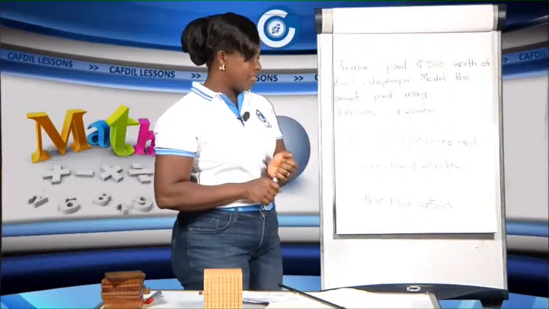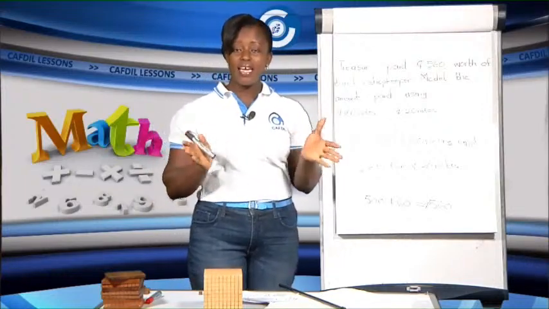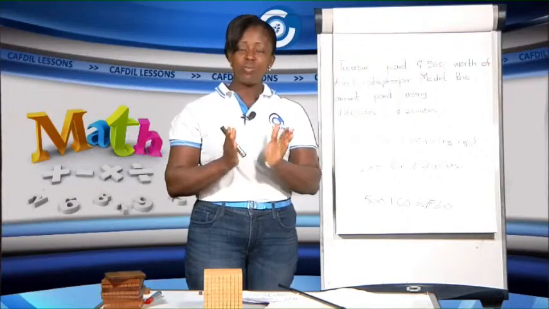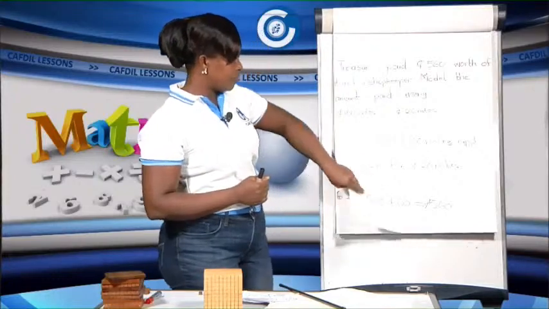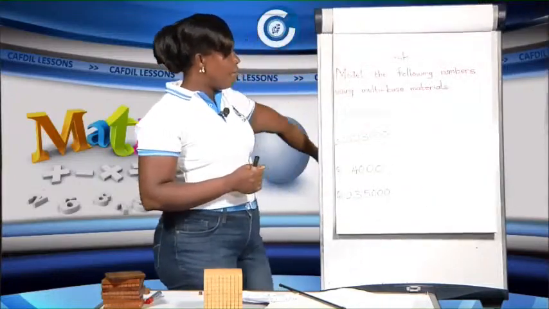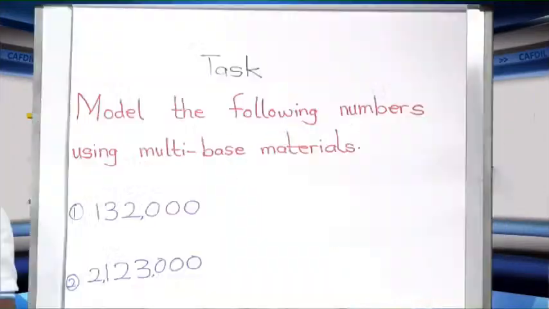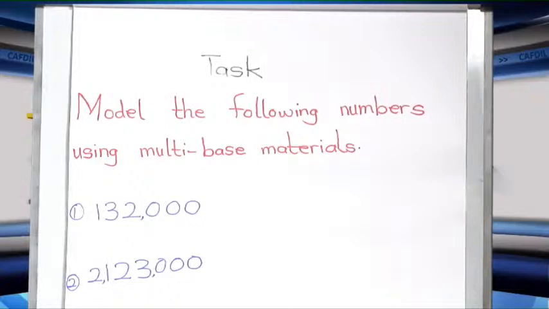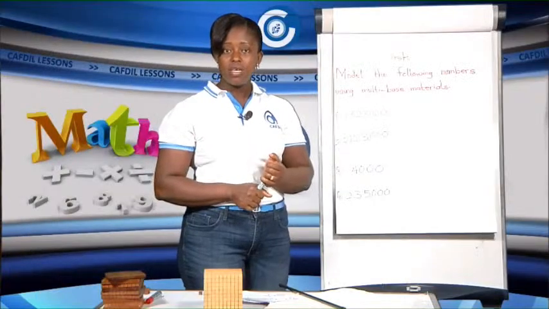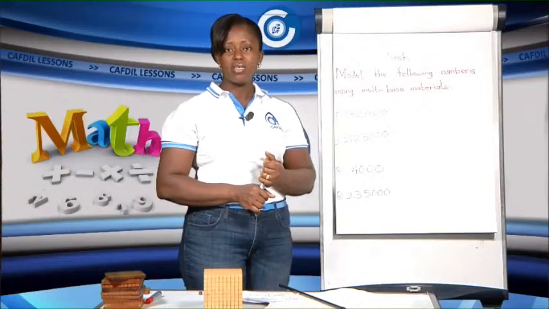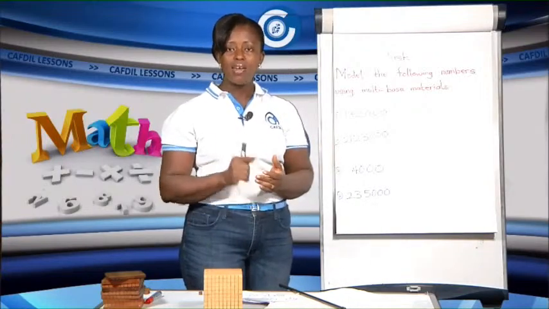Very good. Now that we have come to the end of today's lesson, I want you to practice this at home for me. Model the following numbers using multi-base materials. And I hope you know the value, the key to the materials. A unit is 1,000, a rod is 10,000, a flat is 100,000, and a block is 1 million.